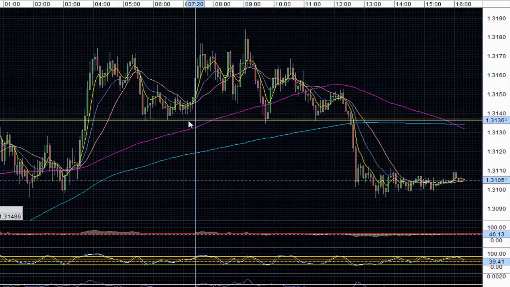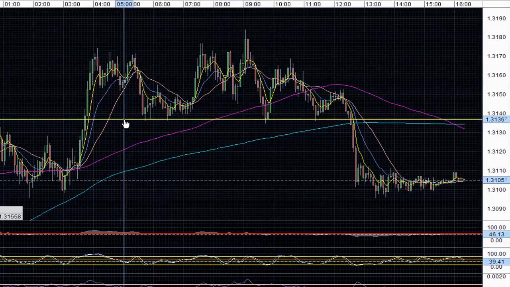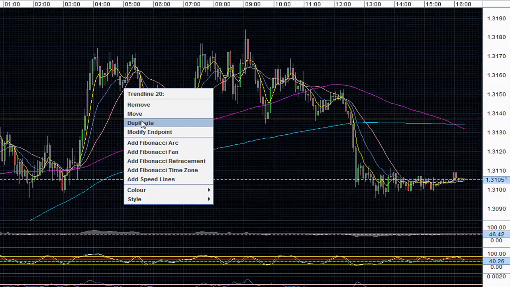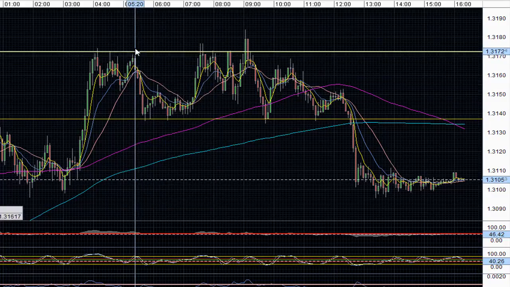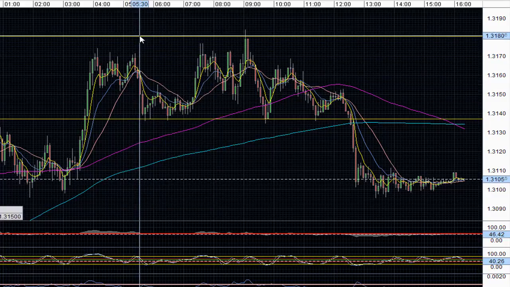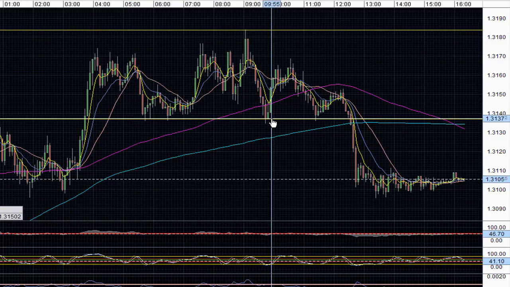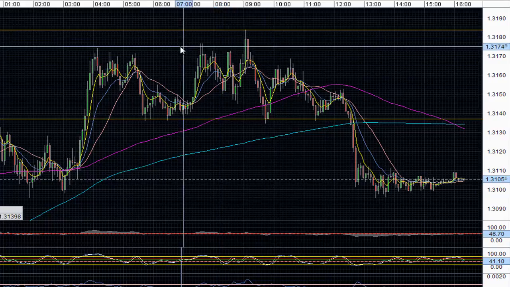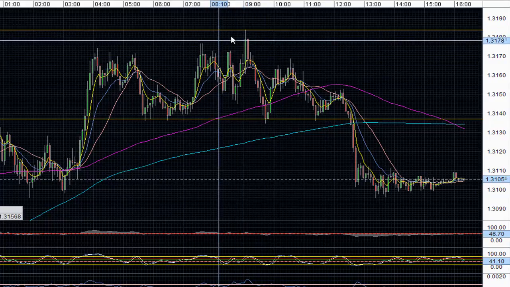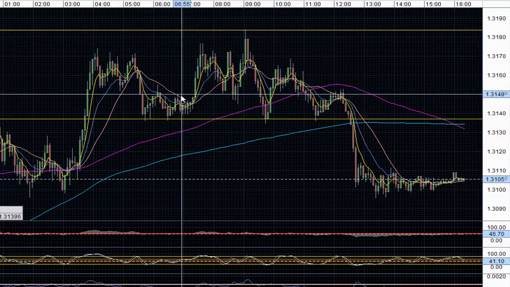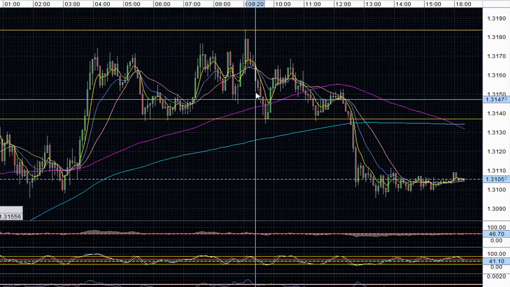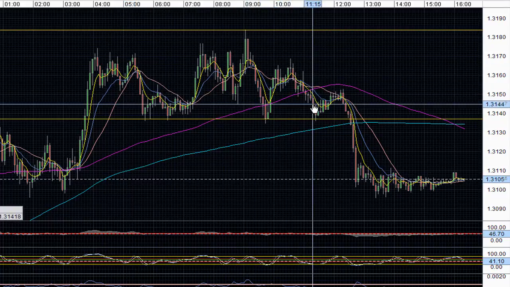But there's something I want to point out to you, because for most of our day, especially after the European Open, you can see that price was trading within this range, and it couldn't break below this low at 31.36, and it had a hard time breaking above this resistance here at around the 31.80 zone. So price was consolidating within this range for most of the day.